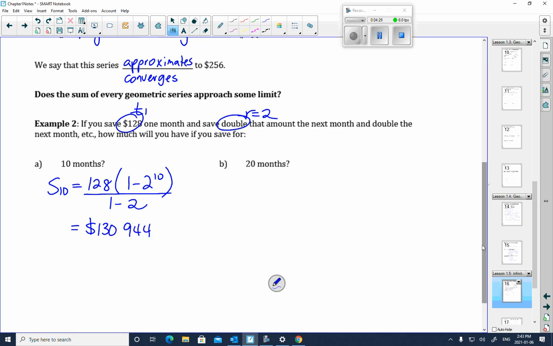If I do it for 20 months, I get 128 times 1 minus 2 to the power 20, divided by 1 minus 2, and I get 134,217,600. So you can see that this is just getting bigger, bigger, bigger.